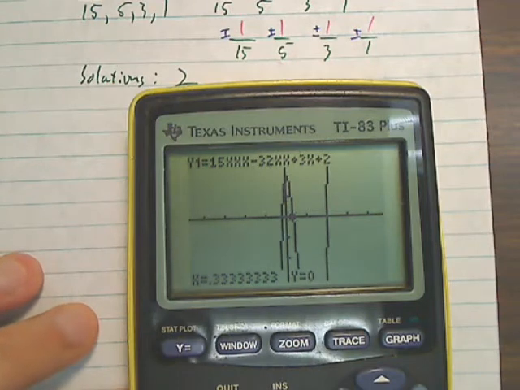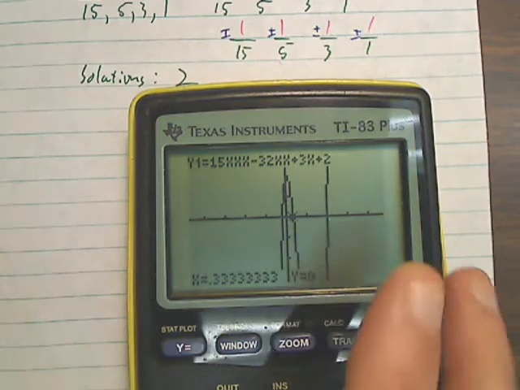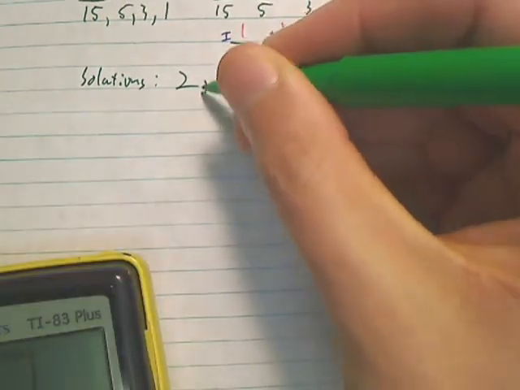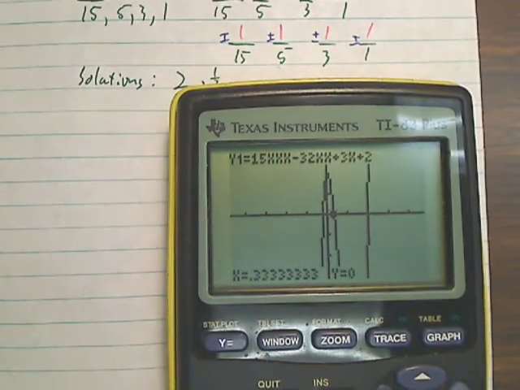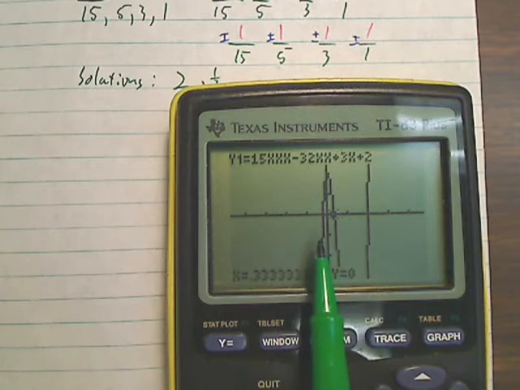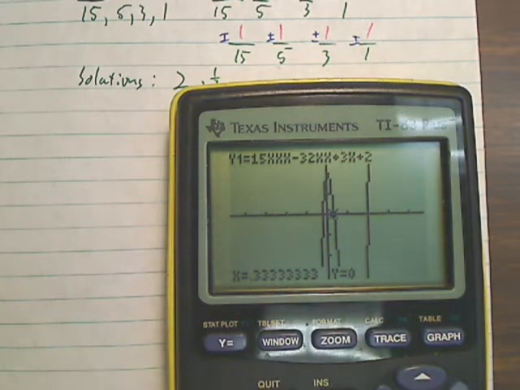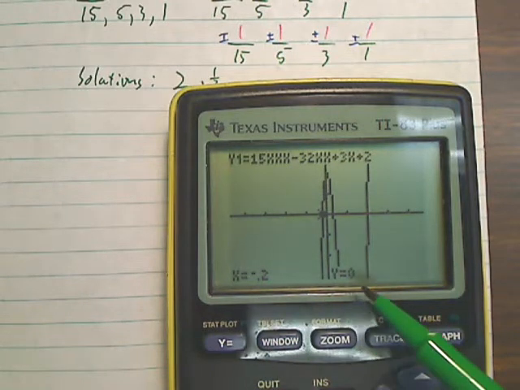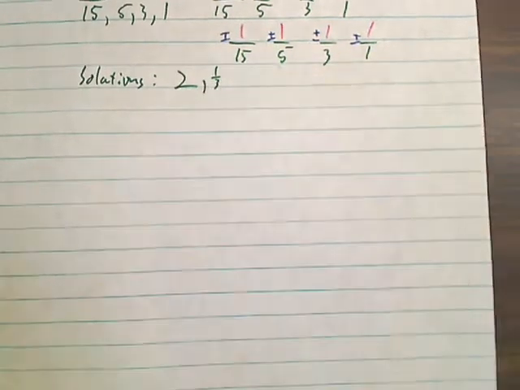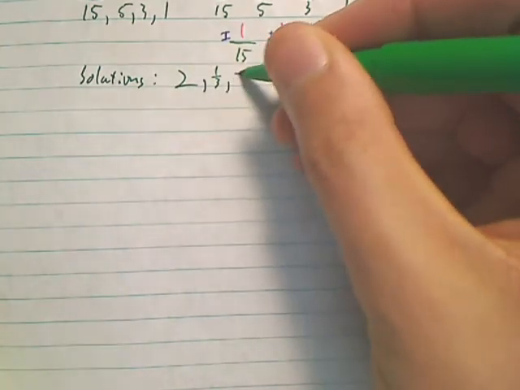Great. So positive 1/3 is another solution. And then I have a negative solution over there. Maybe negative 1/5. And let me see, oh yes, that comes out to 0 as well. So negative 1/5 is correct.